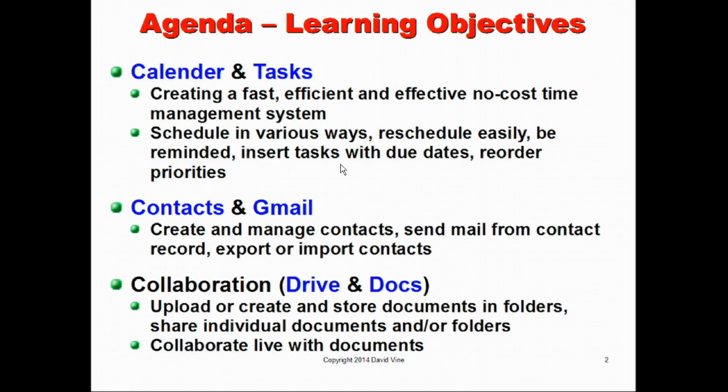Contacts: create and manage contact records. By the way, a record is one unit of information on, say, a person: name, address, telephone number, email, etc. That is a record. A database contains many different records.